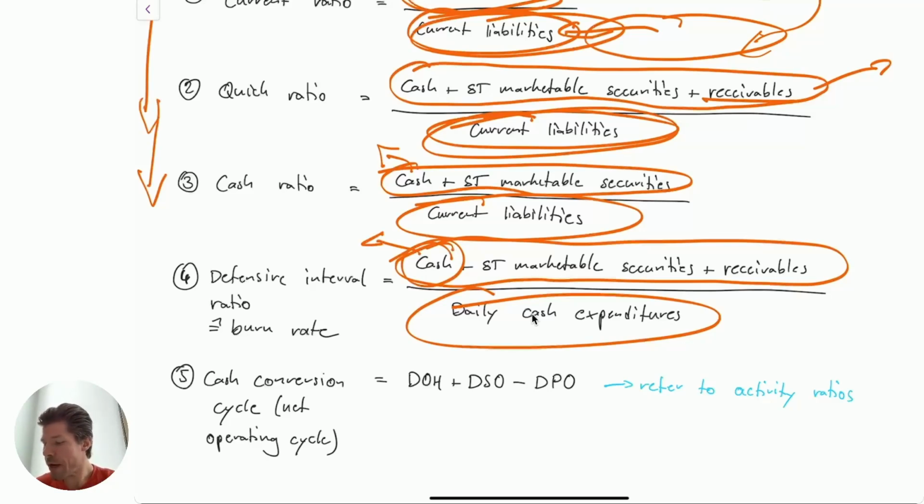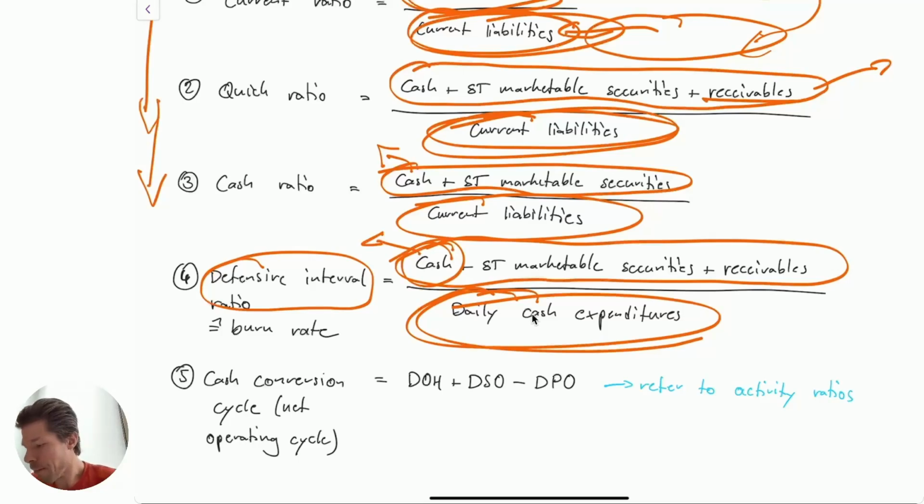The more cash you have, the more current assets you have, the longer you last. Same here, the daily cash expenditure, the lower this number, the longer you last. So a high number for the defensive interval ratio means you have more available and you last a bit longer.